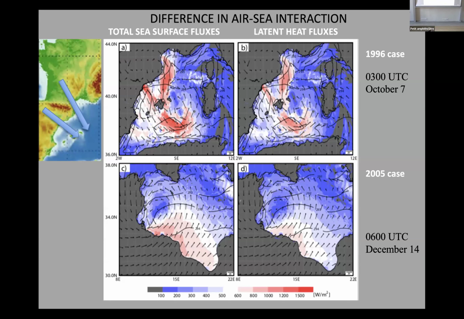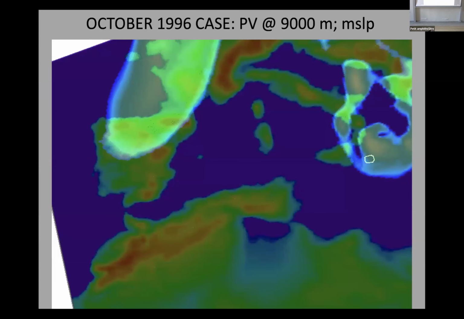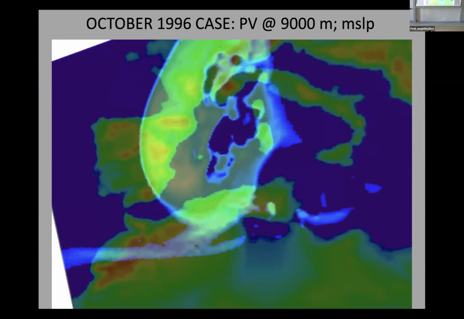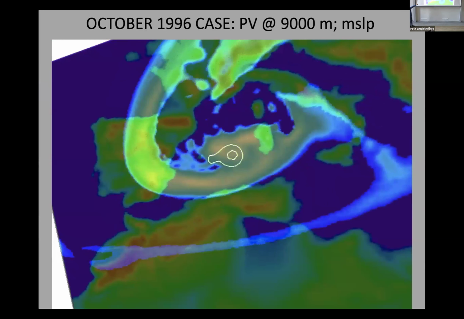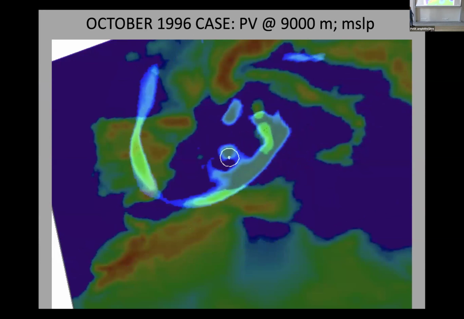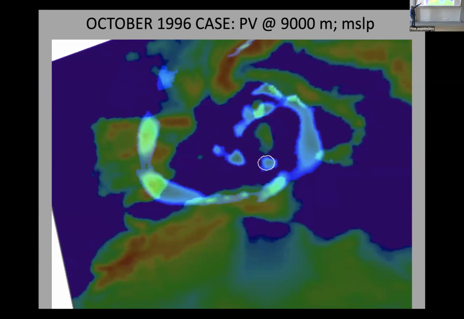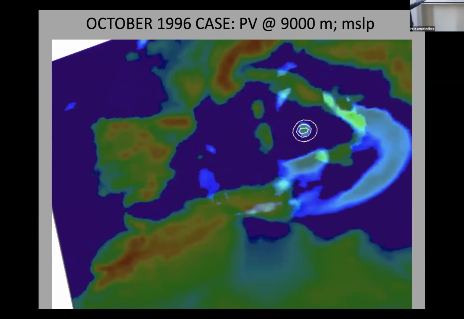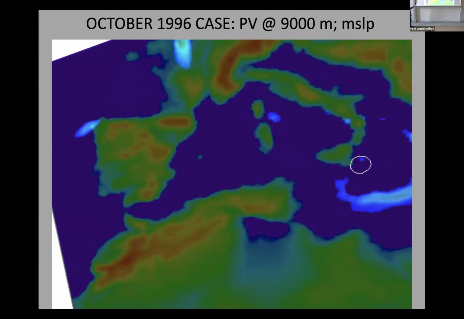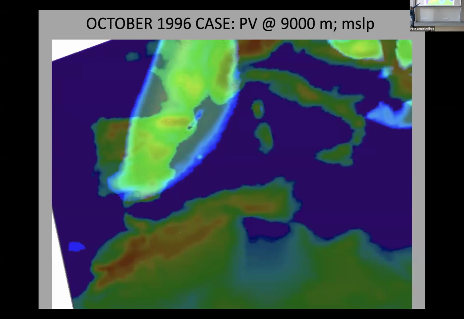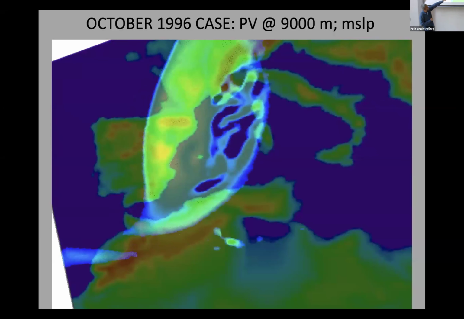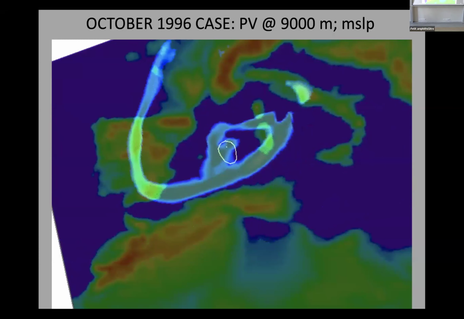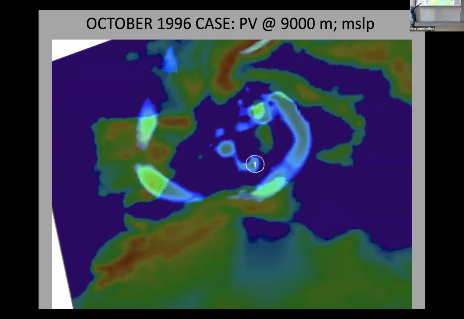Even more interesting, I think, is the upper level evolution. This is the PV at 9 kilometers. You will see now some lines that are the contours of sea level pressure. You see that, for example, for Cornelia, you have a development that at the beginning occurs within the large scale feature, but then in the later stage, when the cyclone reaches the Tyrrhenian Sea, a PV tower is generated by the fact that you have a lot of convection.